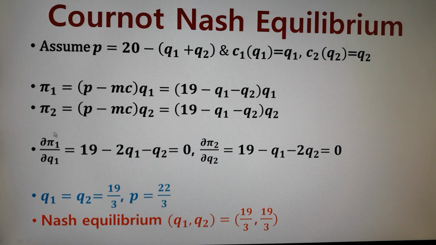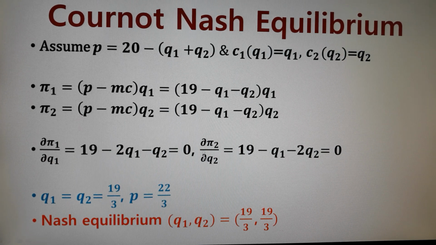So we differentiate pi 1 with respect to Q1 and set it to 0, and that would be the maximum point. If you do that, 19 minus 2Q1 minus Q2 should be 0, because Q1 squared is here.